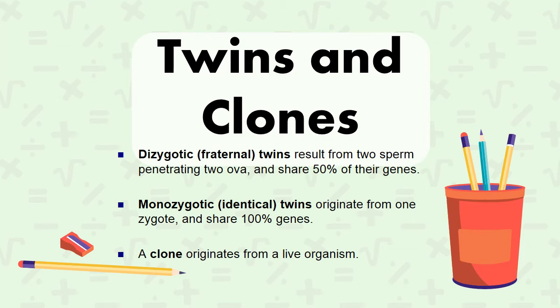Two different sperms penetrating two different ova, and they share 50% of the genes of both the parents. Then monozygotic means one zygote divides to form two lives or two identical twins, and a clone originates from a live organism.